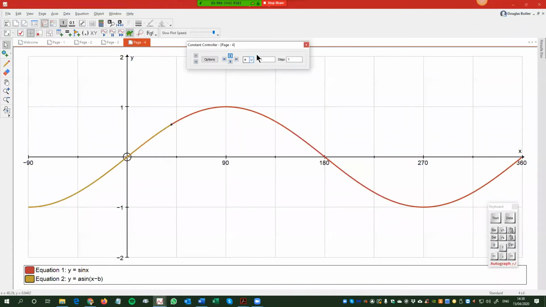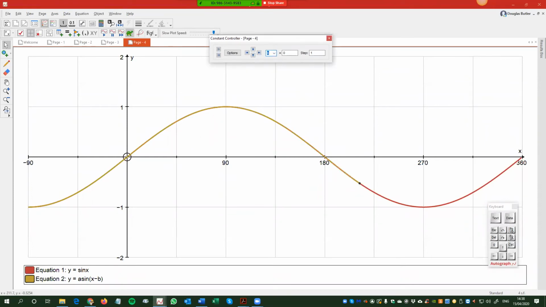All right, now what are we going to do to b to change it? Now, just like we did when it was x squared, we did x minus b all squared, moves the vertex to the right by b. So that's exactly the same going to happen here. If I increase b from 0 to 1, it's going to move a little bit to the right, but you can see that it takes a while.